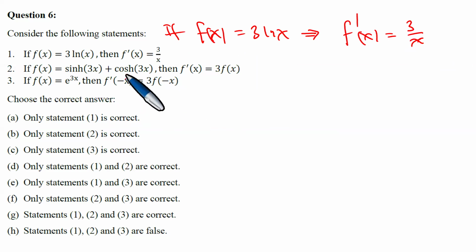Simultaneously, if ever f of x is this, then is the derivative equal to 3 times the function?